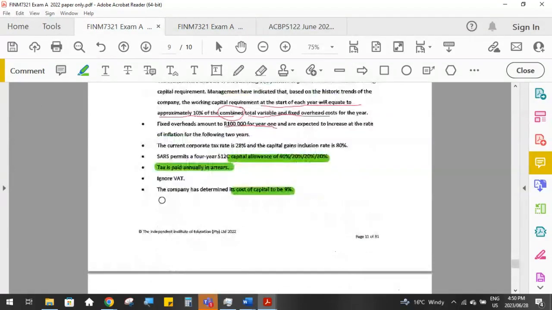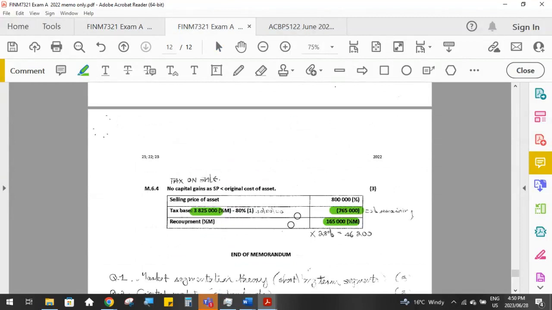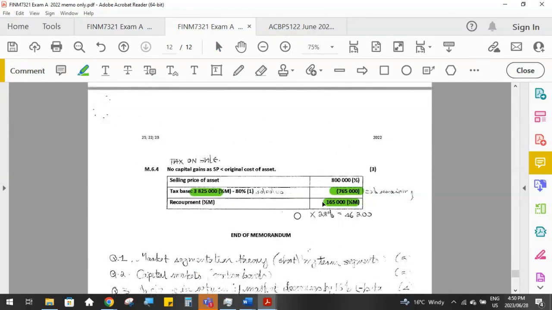So this is an example of where the memo had an error in it, because the question said calculate the tax to be paid, which means that we had to calculate the taxable amount multiplied by 28%, and 46,200 is the amount of tax to be paid on that machine.